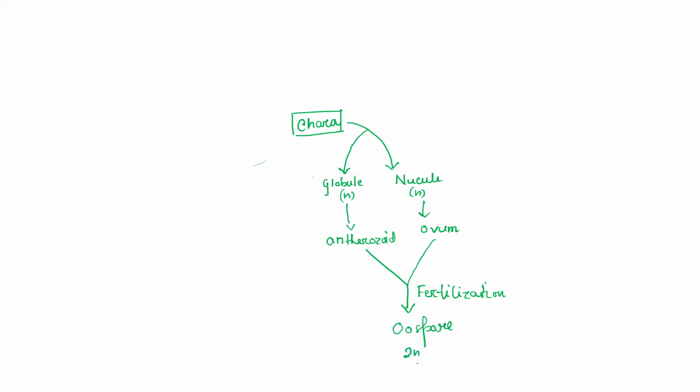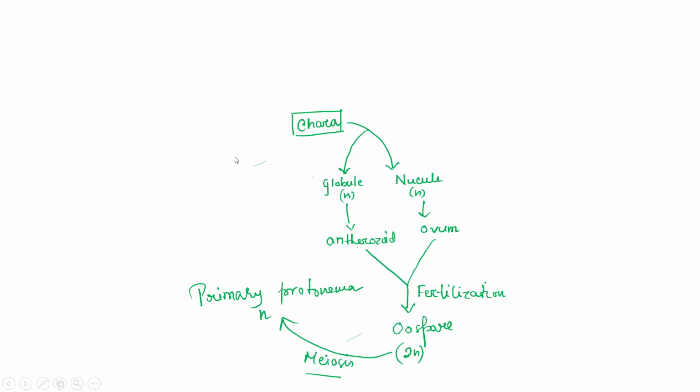Which is 2n. This oospore will divide meiotically. Meiosis will occur as we were studying while doing the life cycle, if you remember. Meiosis means what? It will become n cells now. N will again become primary protonema. Primary protonema means a plant body.